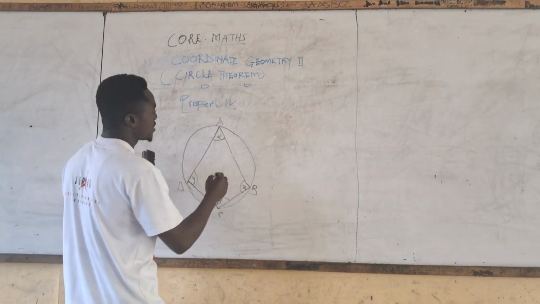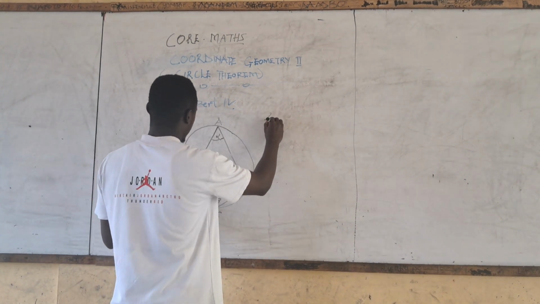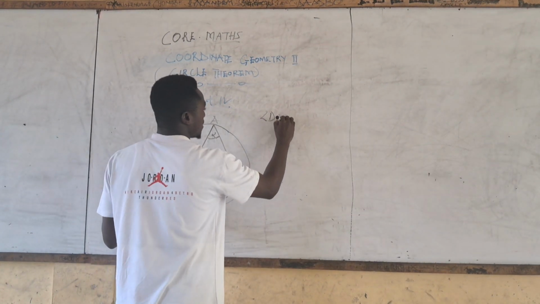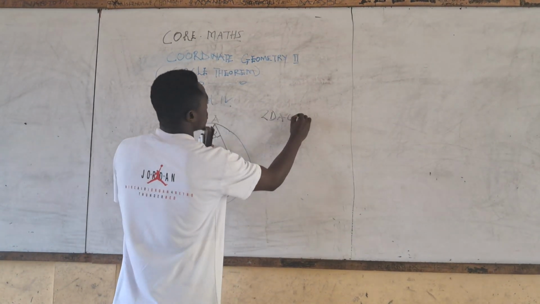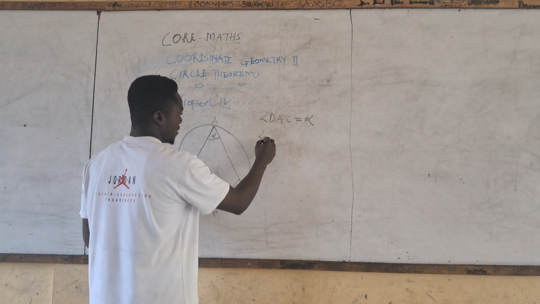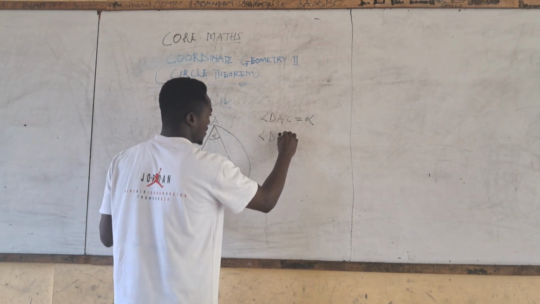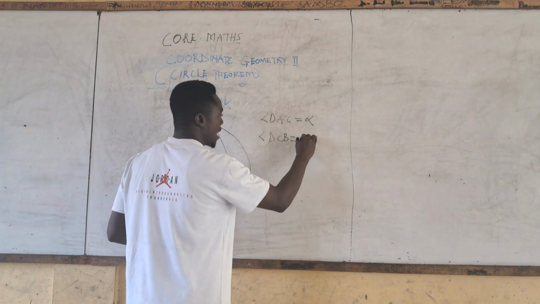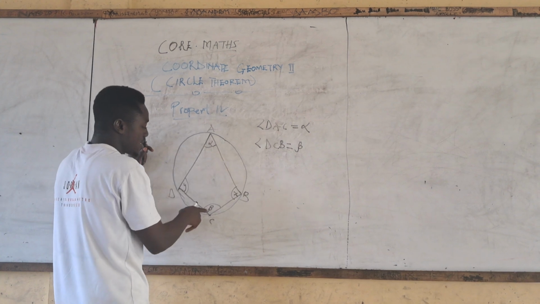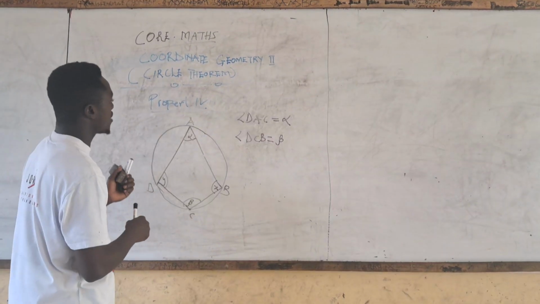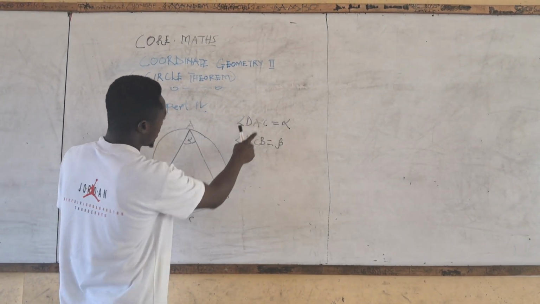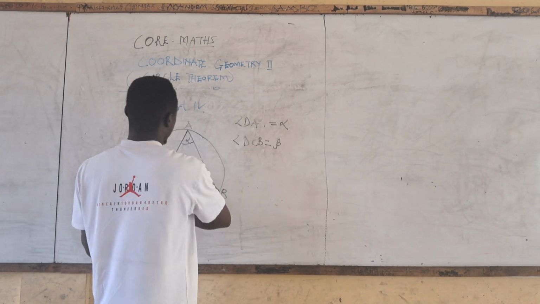So we can therefore say that the angle DAB is equal to alpha, and the angle DCB is equal to beta.